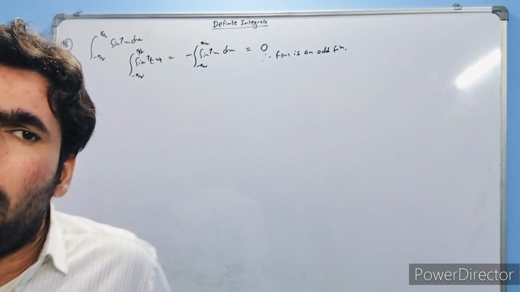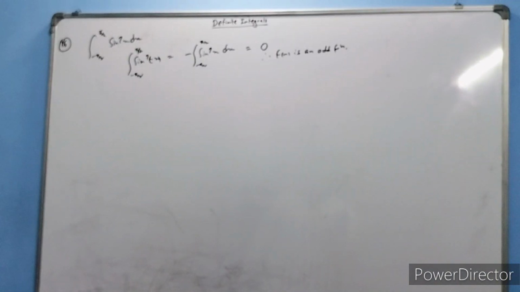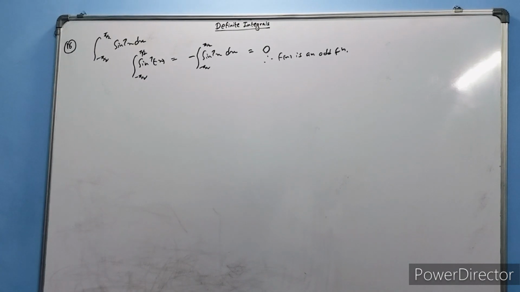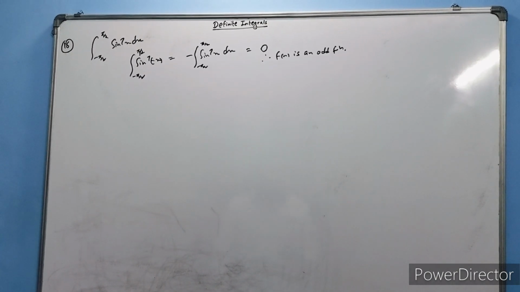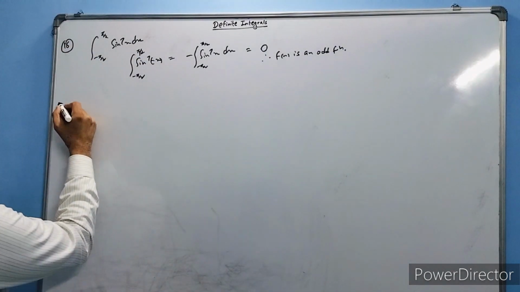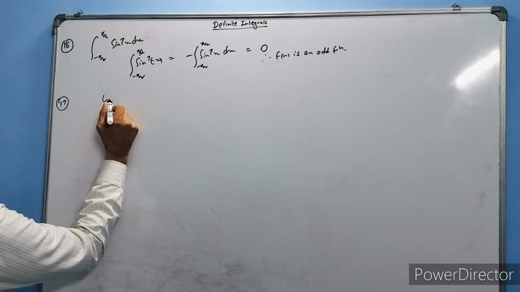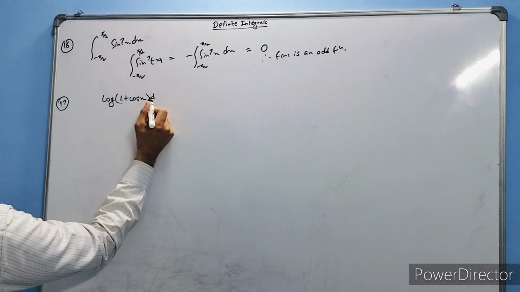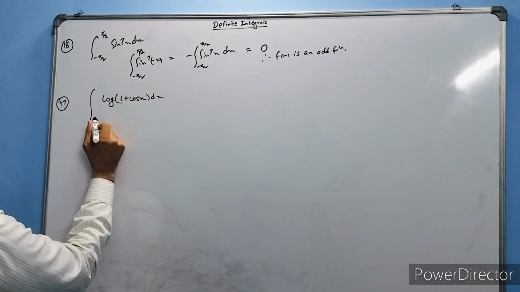Now let us try to solve the next one. Let us evaluate another definite integral using properties. The question is the integral of log(1 plus cos x) dx from 0 to pi.